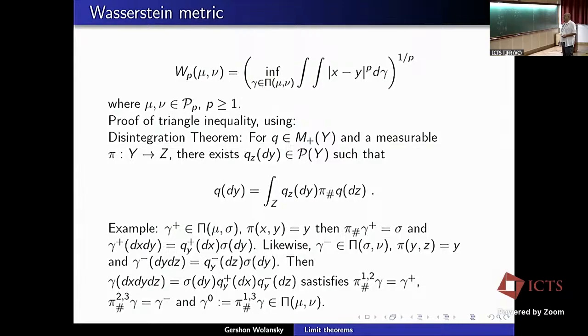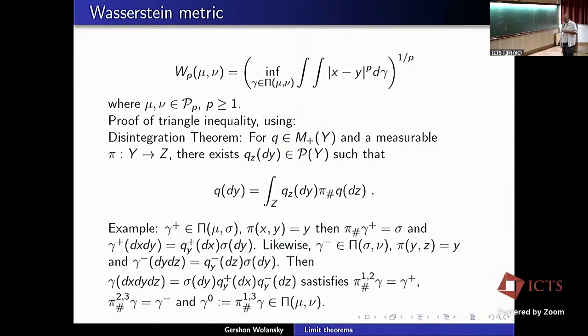On the last two components, 2 and 3, we get gamma minus. And if we project on the first and third component, we get something which we call gamma 0, and this lives in the space Pi(mu, nu). So this gamma 0 is an admissible transport, but not necessarily optimal, of course, which pushes mu to nu.